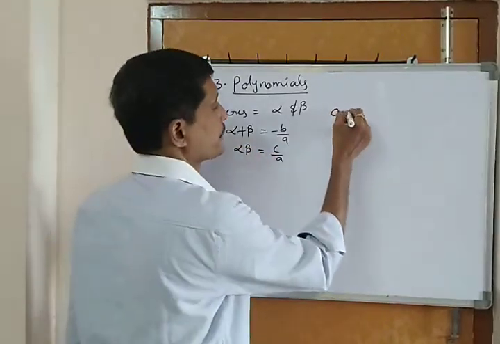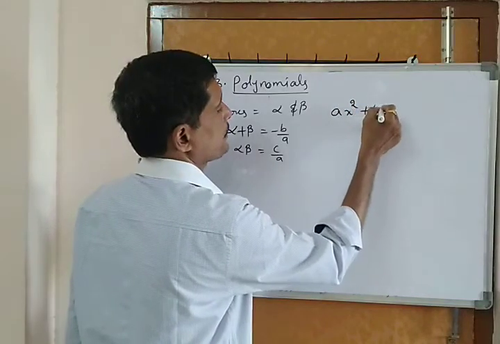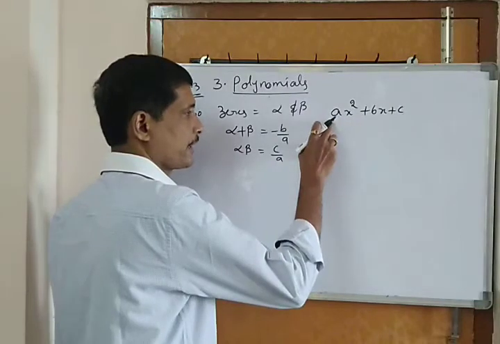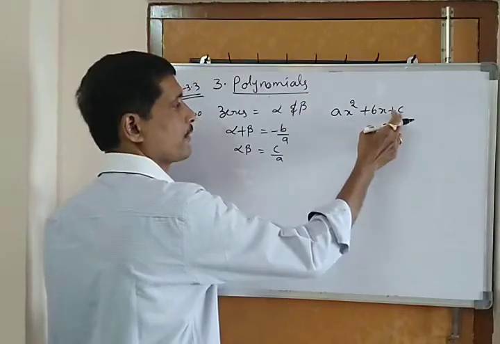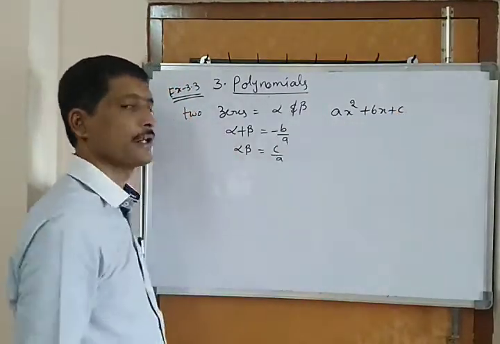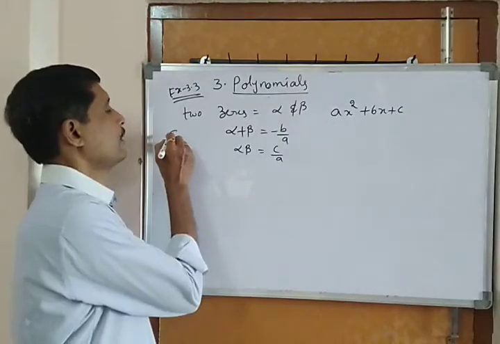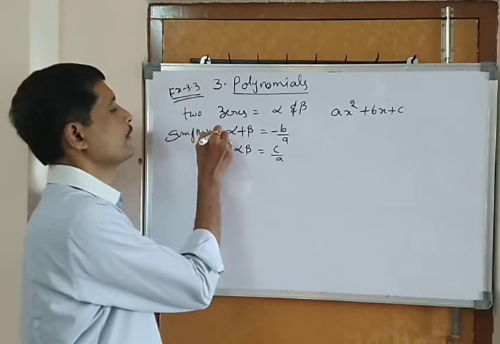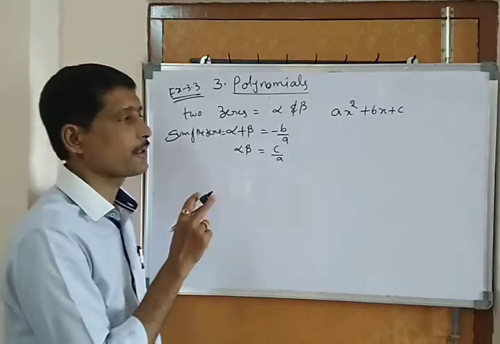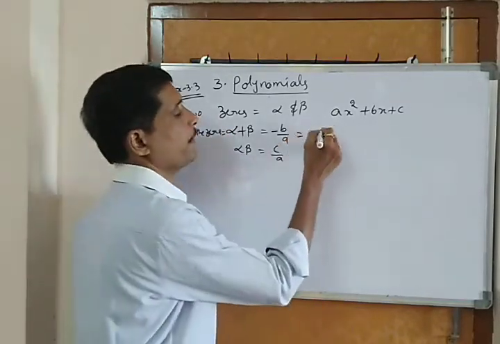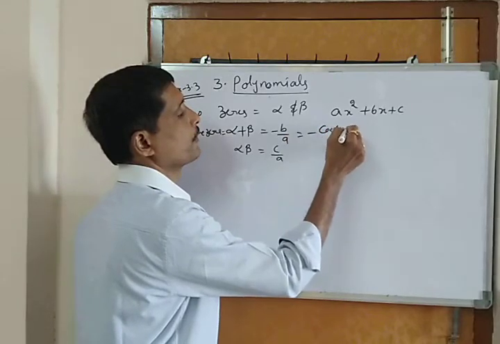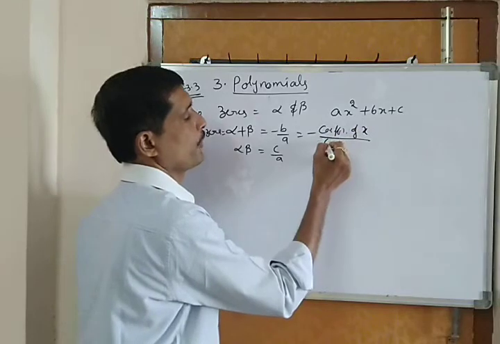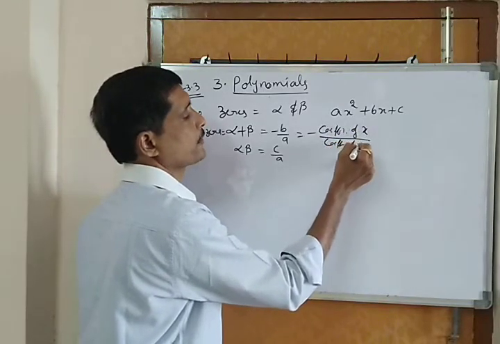Suppose ax square plus bx plus c. Here the coefficient of x square is a, the coefficient of x is b, and the constant term is c. The sum of the zeros, alpha plus beta, equals minus b by a, that is minus coefficient of x by coefficient of x square.